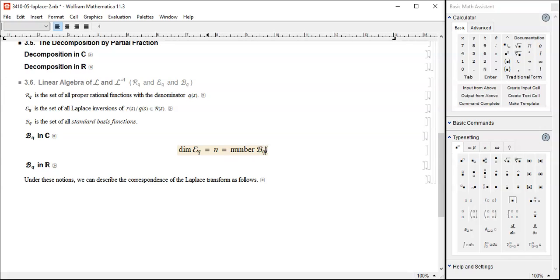Also, if you happen to find another set of solutions that are linearly independent, and the number happens to be exactly the same n, the dimension, then they're going to generate as well. So those kinds of conclusions come from this dimension analysis.